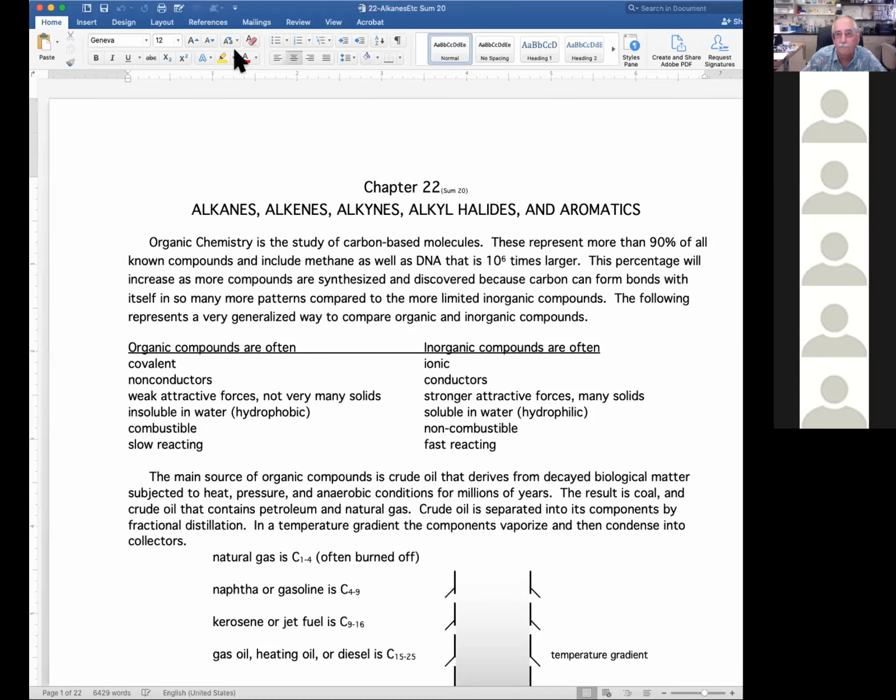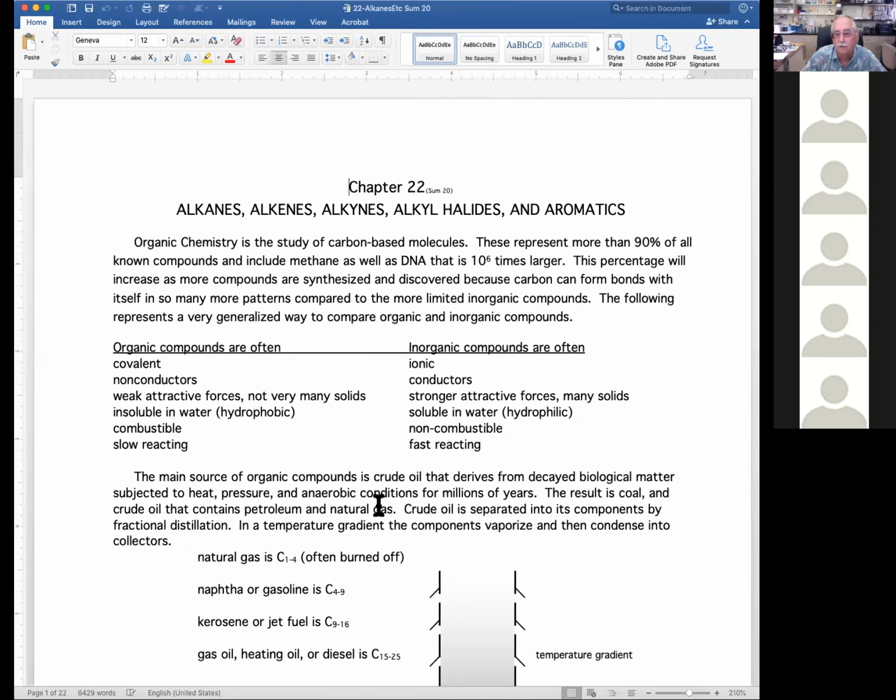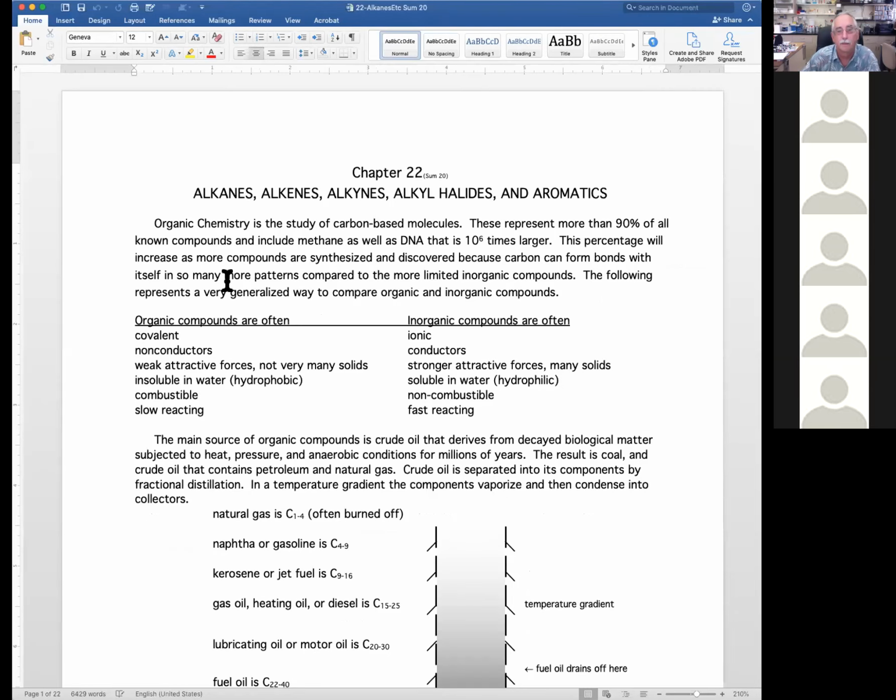So first, let's look at this chapter. So this is the first chapter that has to do with organic chemistry. So alkanes, alkenes. So these are all single bonds. This has one or more double bonds, one or more triple bonds. A halide is anything from group 7 on the periodic table, right?